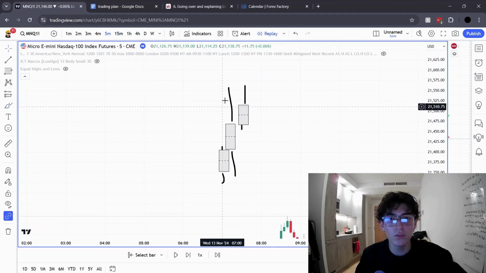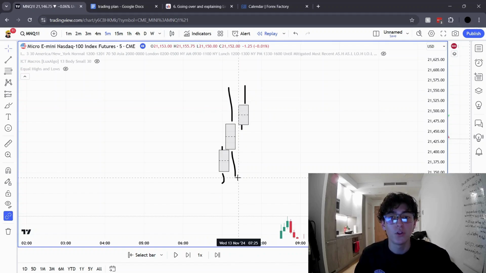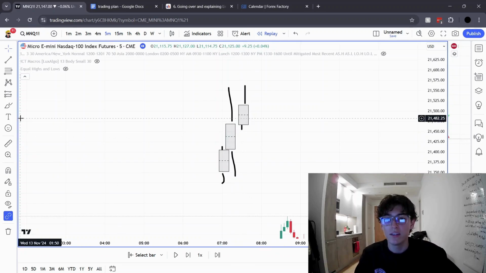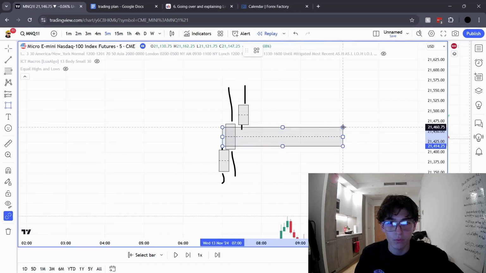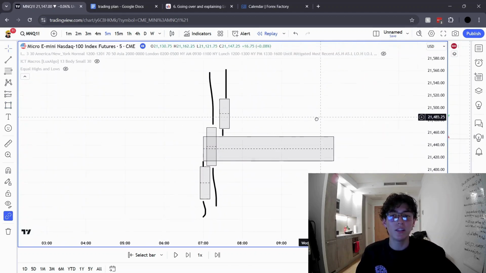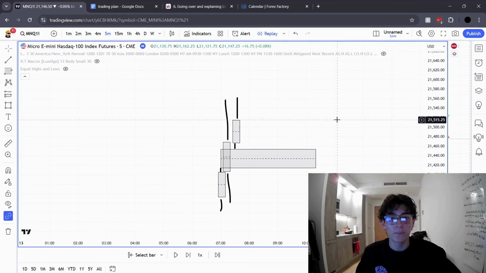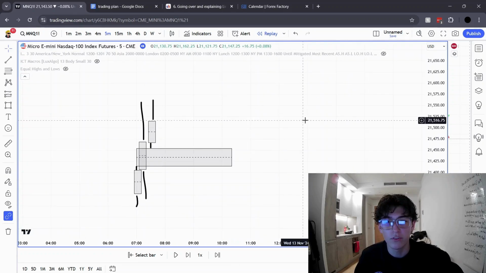All right, the wicks in the middle candle don't matter, but what matters is the candles on the outside. Their wicks need to leave a gap in this candlestick. And this gap is basically an imbalance where price is most likely to retrace to fill more orders. So this is an example of a fair value gap.